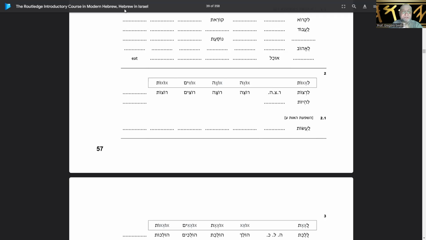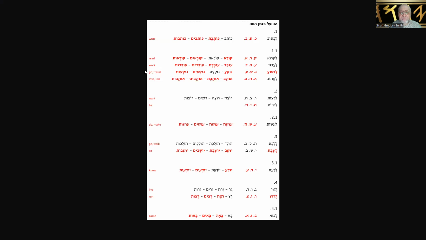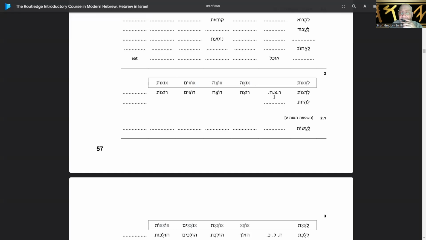Let me double check. Okay, we just did this one, number 2. Okay, yeah, that's right. They want us to actually fill that. Yeah, this is just showing the pattern here, looks like, in this box. And then they want us to do this one, and they want us to do this one.